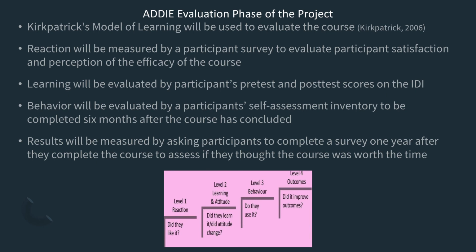Behavior will be evaluated by participants' self-assessment inventory to be completed 6 months after the course is concluded. And finally, results will be measured by asking participants to complete another survey at the end of a year after the course, simply to assess did they think the class was worth the time.